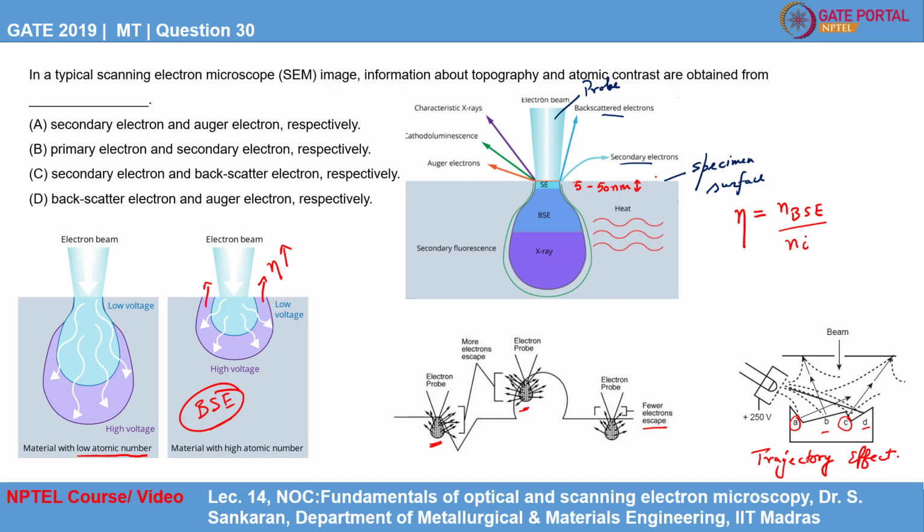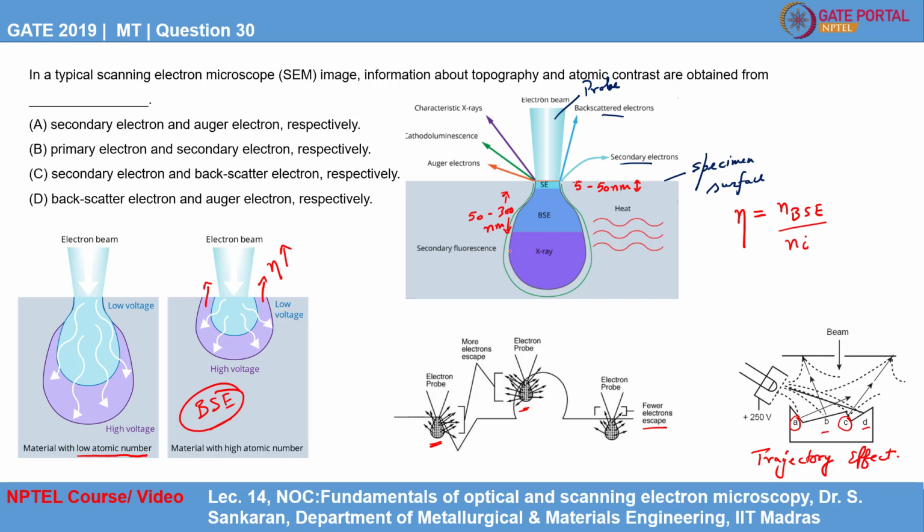While on the other hand, the backscatter electrons escape from a depth of around 50 to 300 nanometers. Since backscatter electrons are the product of elastic scattering, they have an energy level very close to the incident electrons, and due to this their high energy enables them to escape from a much deeper level in the interaction zone, which varies from 50 to 300 nanometers.